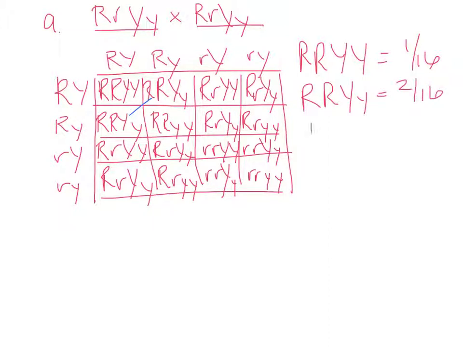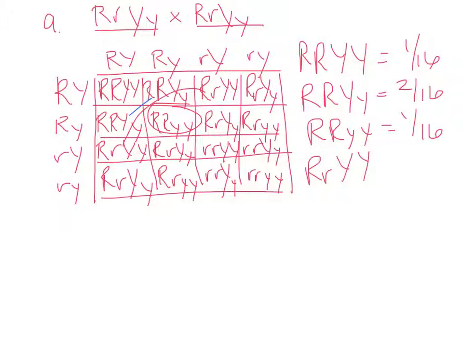Then for big R big R little y little y, which is right here, we have 1. And then right here for big R little r big Y big Y, I think we only have 2 of those. And right here for big R little r big Y little y, we have 4 out of 16.